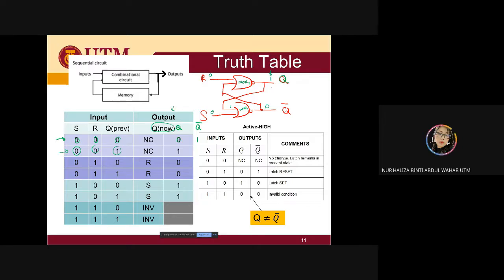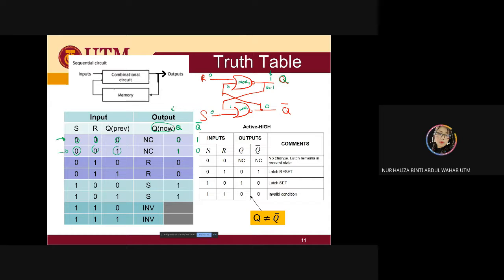Q bar is 0, and this 0 will be fed in here, and our Q now will be 1. So my Q is 1, my Q bar is 0. This is supposed to happen because they toggle to each other, right? So it's correct.